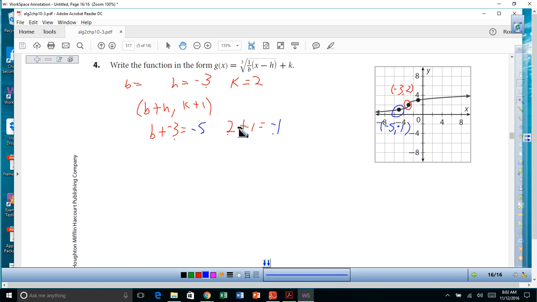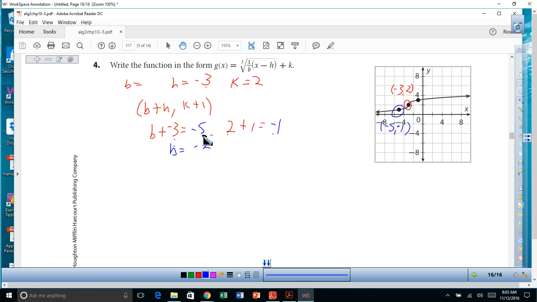All right, so this is -5. So if we add 3 to both sides, we get b equals -2. That we should add 3 to both sides, and that still gives us -2.